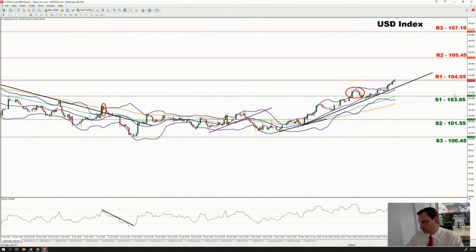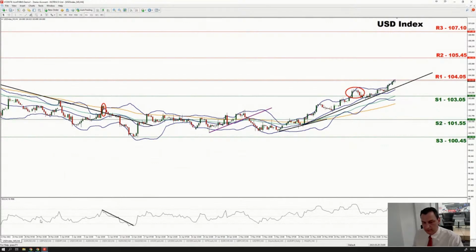In such a case, I wouldn't be surprised to see the RSI indicator dropping below the reading of 70, maybe even below the reading of 50.